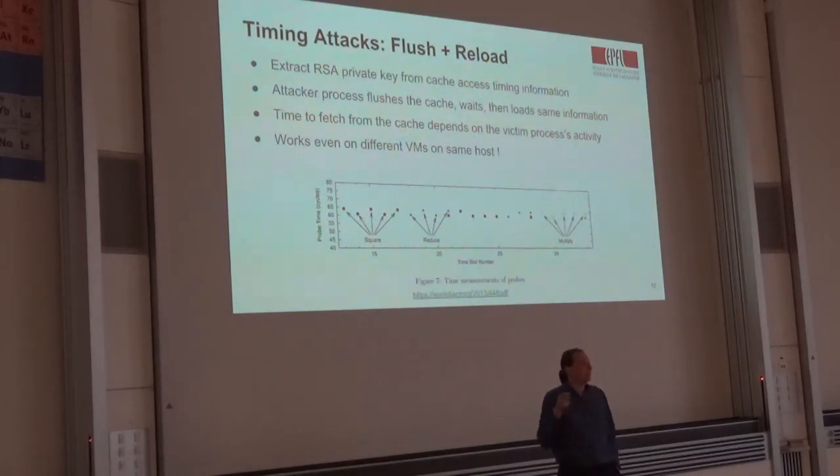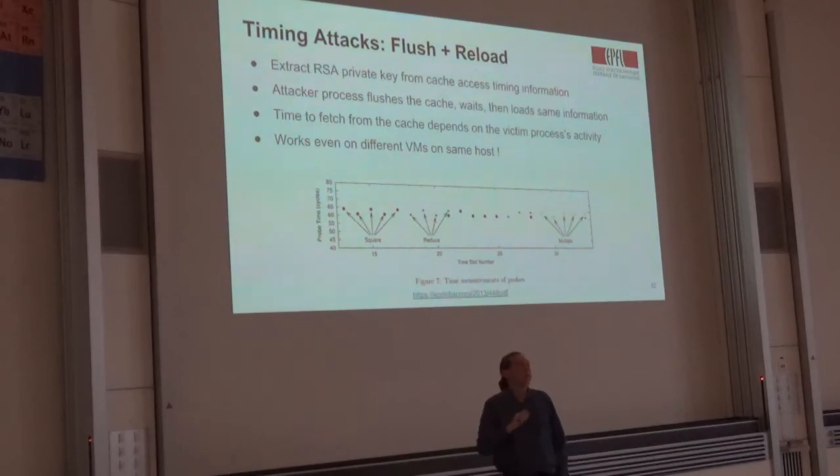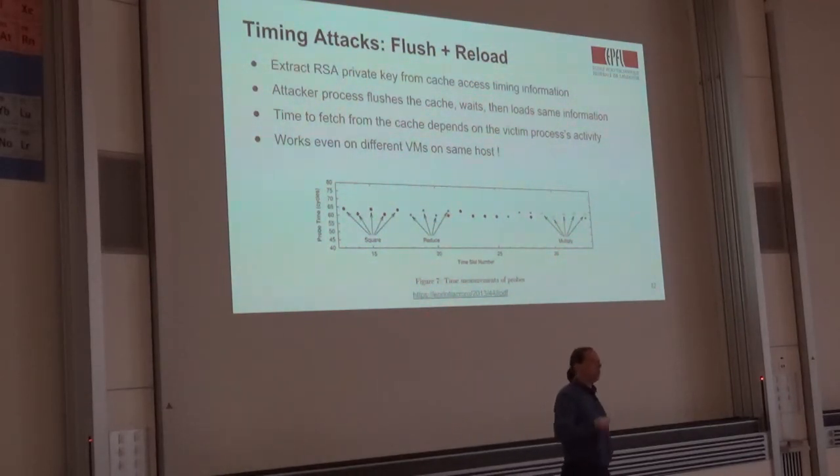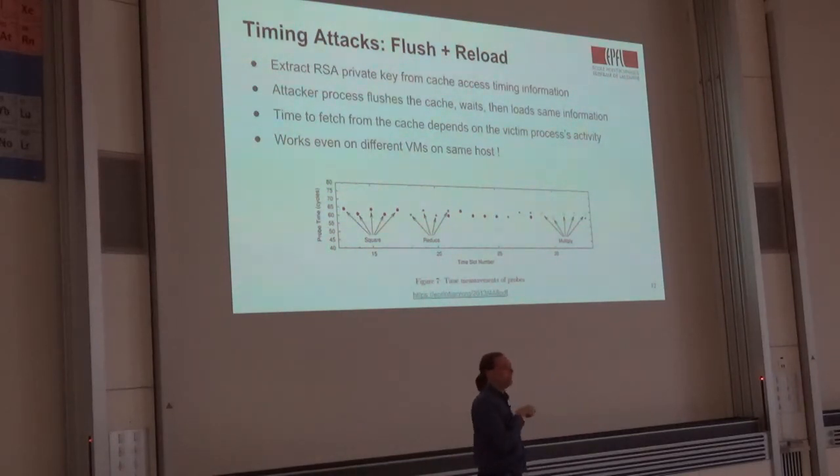Just that information, how much progress the victim has made in a known code path since the last sample, can be a devastating timing attack, at least if the victim code is not properly hardened against these kinds of timing attacks.